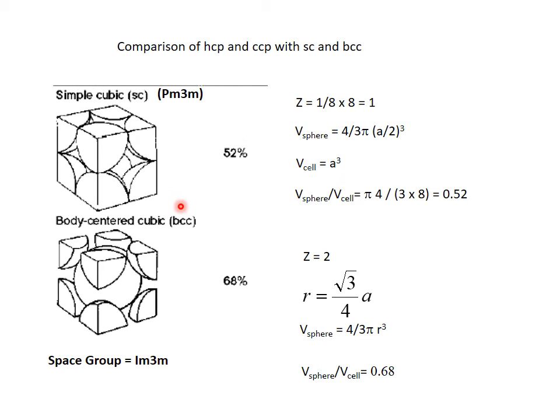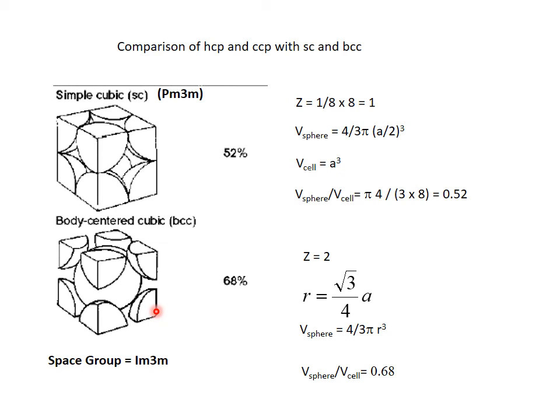So finally, let us look at the so-called body-centered cubic structure, BCC. In this case, you have an additional atom in the body center of the unit cell. Now, the spheres touch along the body diagonal through the unit cell.